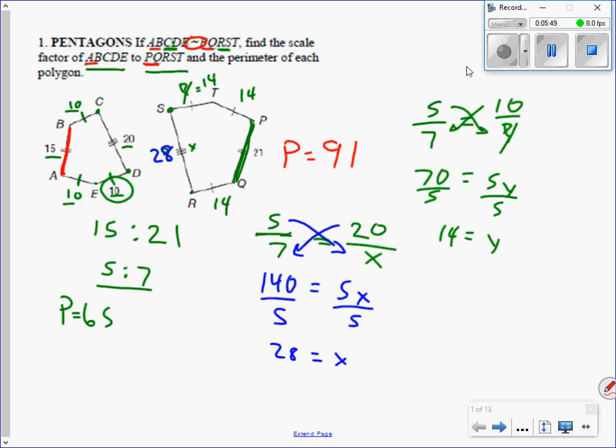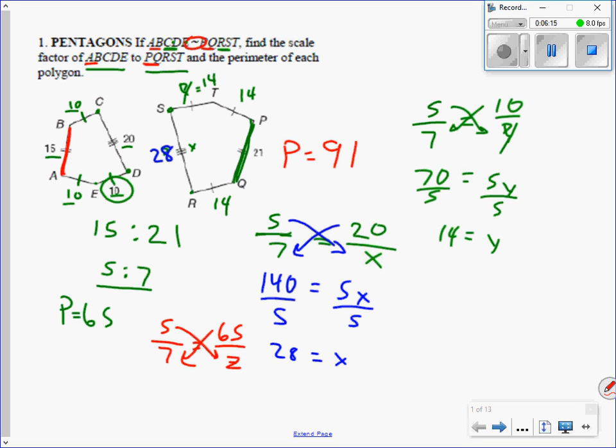If we didn't know what the perimeter of the big one was, but we knew the scale factor was 5 to 7, we could have also, call it Z, done a cross multiply with the scale factor, because we would still be in a 5 to 7 ratio. If the sides are in a 5 to 7 ratio, then the perimeter is going to be in a 5 to 7 ratio.